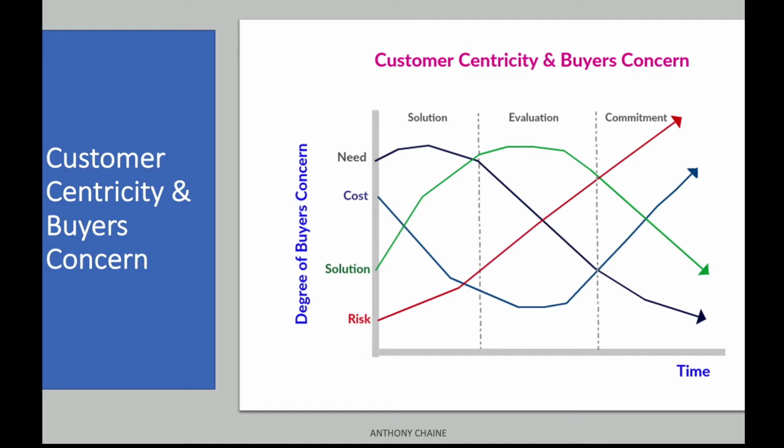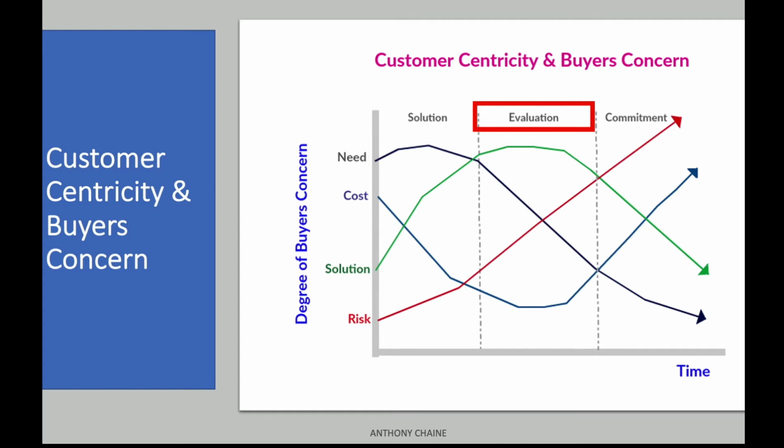Now, when you move to the evaluation phase, look right in the middle and look at the colored lines. Solution becomes your highest priority at this stage. It's top of mind. Notice the need is decreasing rapidly, because your needs can be solved with the right solution.